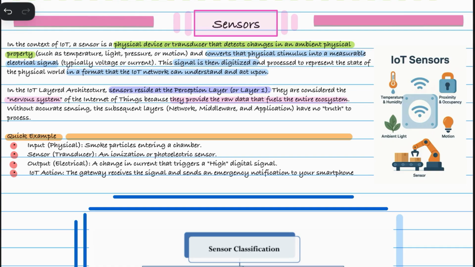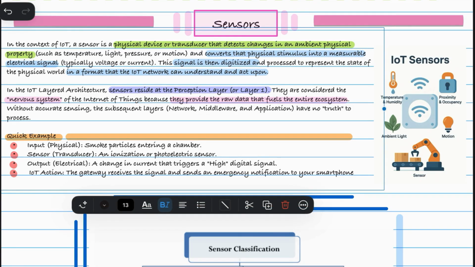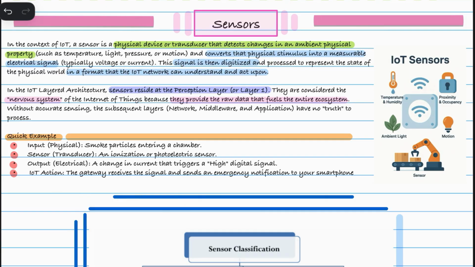Especially, it takes a physical stimulus from the real world, for example the warmth of a room, the pressure of a footstep, or a flash of light, and converts it into an electrical signal, or a voltage or current that a computer can read. So it is a physical device, or a transducer. What it does is convert the physical stimulus into a measurable electrical signal, right?